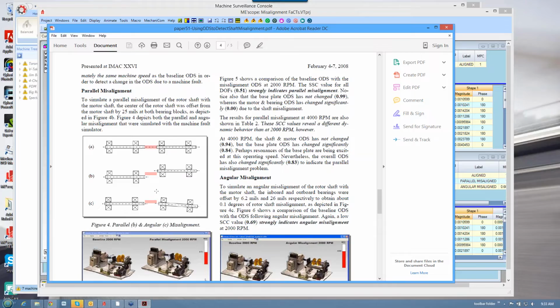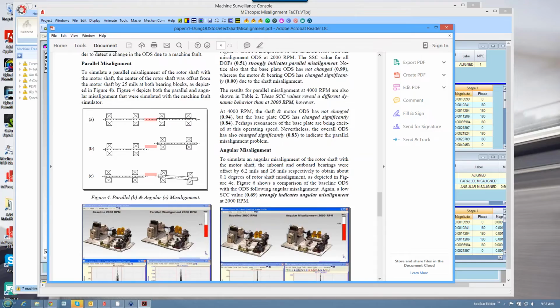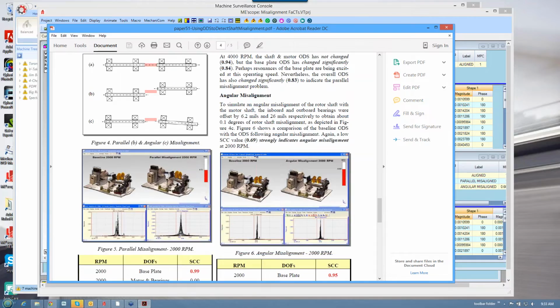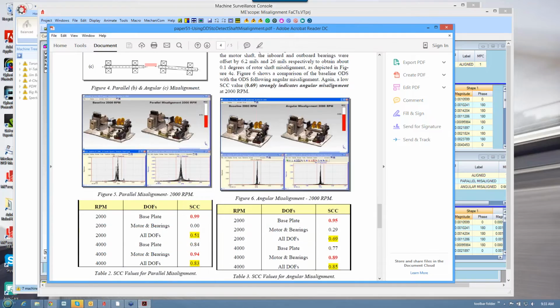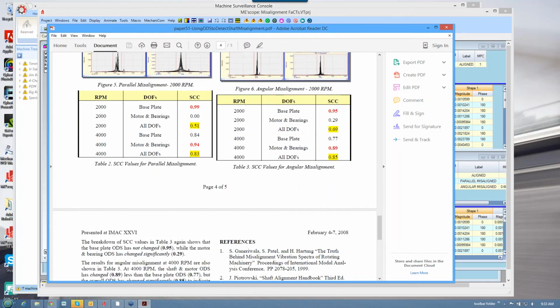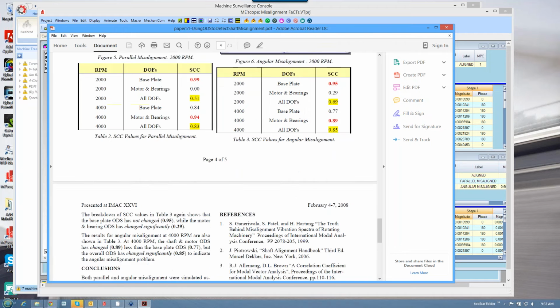So we'll see that we can use the FACS tool to identify these different misalignment cases, and we'll see it in Emiscope, the SDI calculation, as well as in the console. So here's some data here, ODS data, ODS FRF data, showing how we picked off the peaks and so forth. So let's go look at this data.